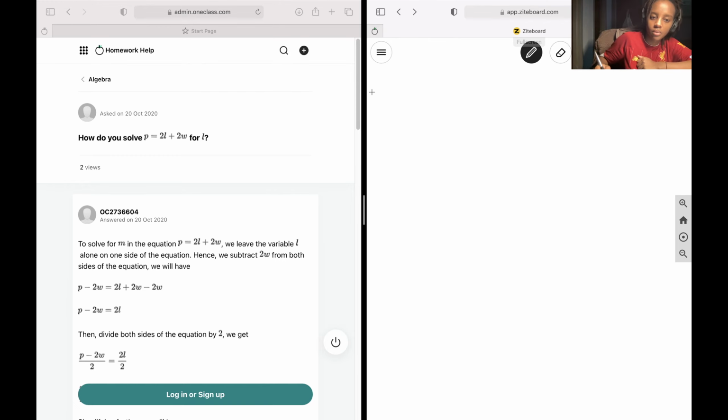Okay, for our next question, we want to solve this equation for L, and that just means isolate for L. So we want to have L on one side of the equal sign and everything else on the other side.